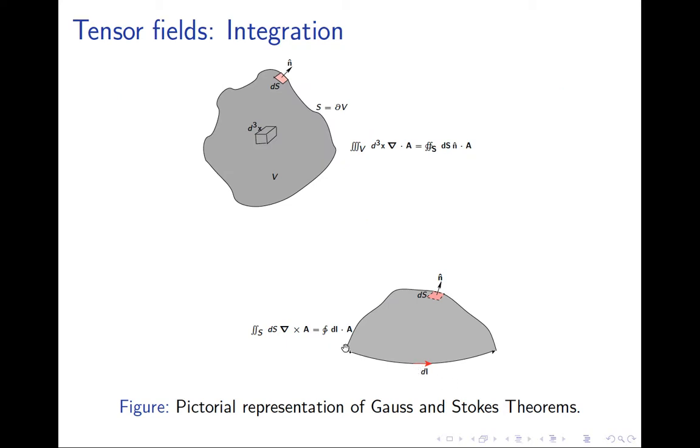It is the line integral of this vector field on this closed curve, which forms the boundary of this surface.